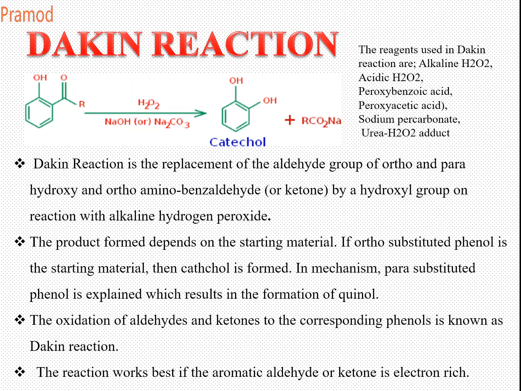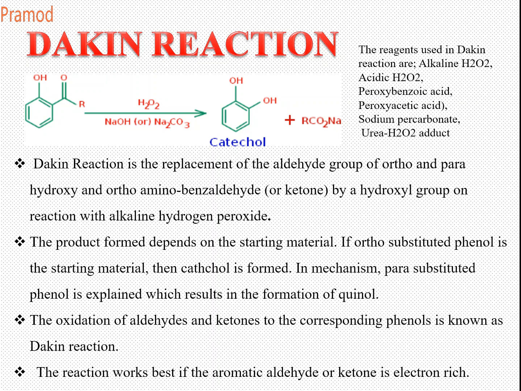The conversion of an ortho or para hydroxy or amino aromatic aldehyde to its corresponding diol, or catechol, in the presence of alkaline hydrogen peroxide is known as the Dakin reaction.